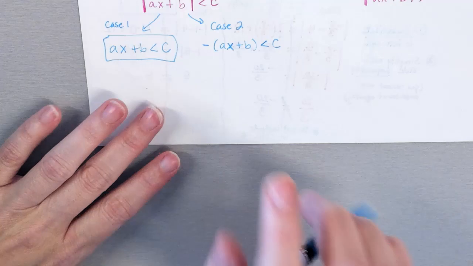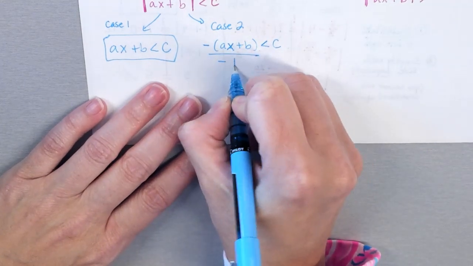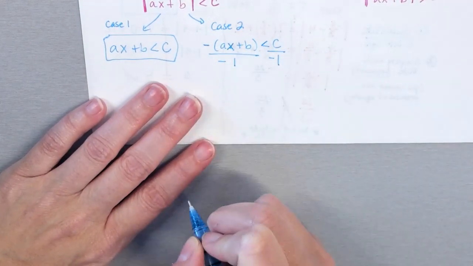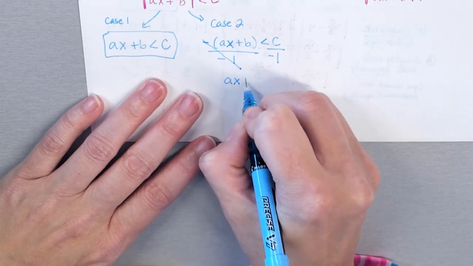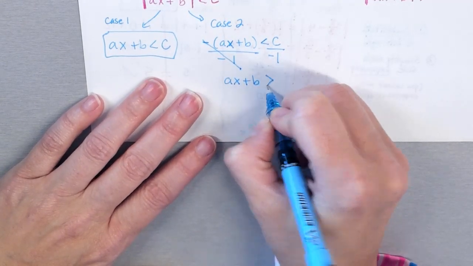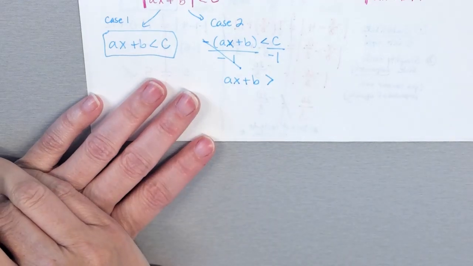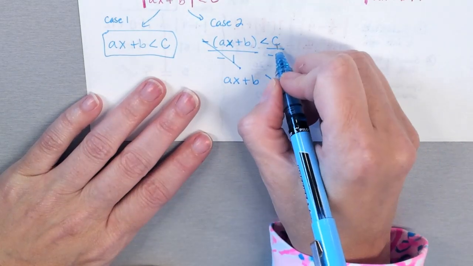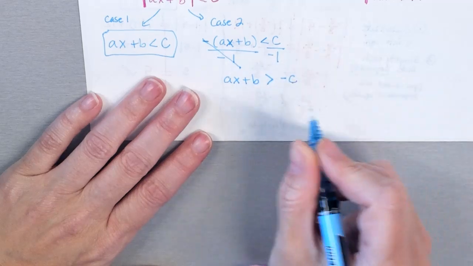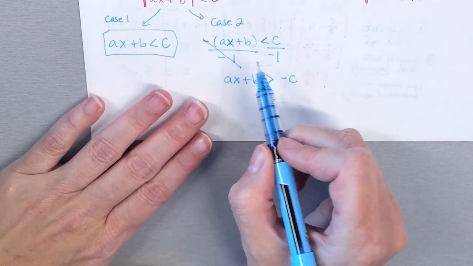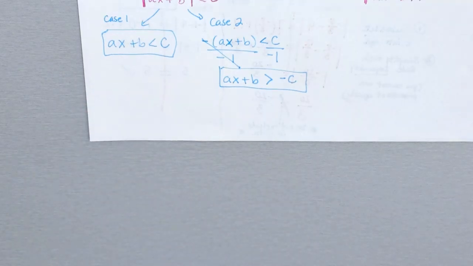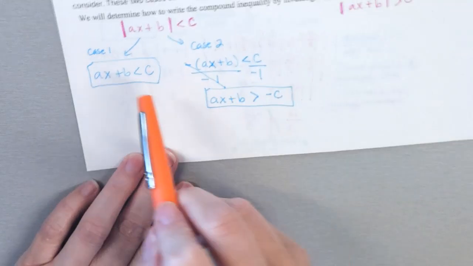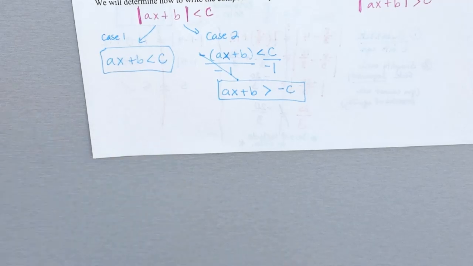For this, we're going to divide by -1. And when you divide by a negative, remember it flips the sign. And c divided by -1 is going to be -c. So we have to determine, could this happen at the same time?